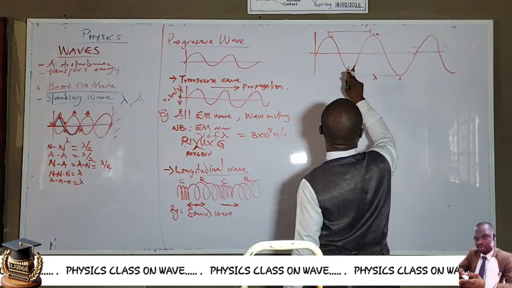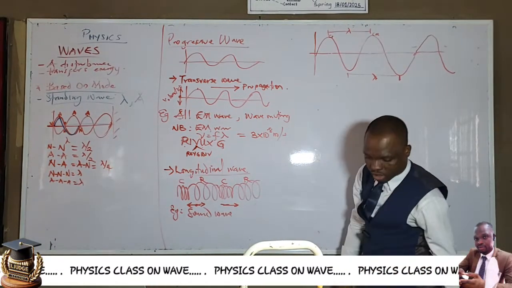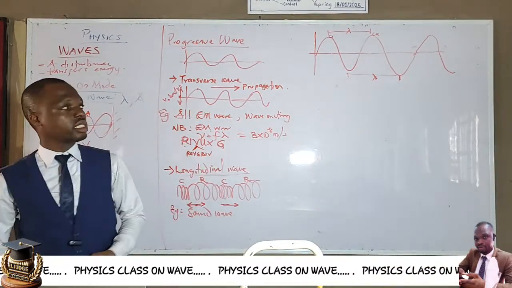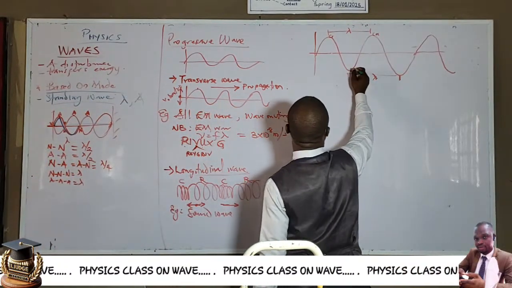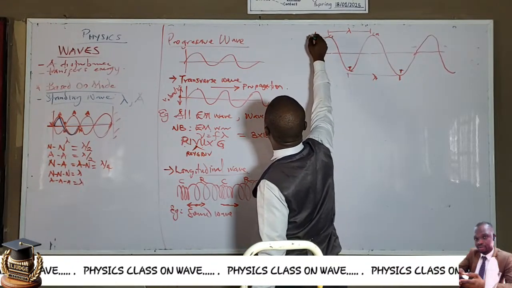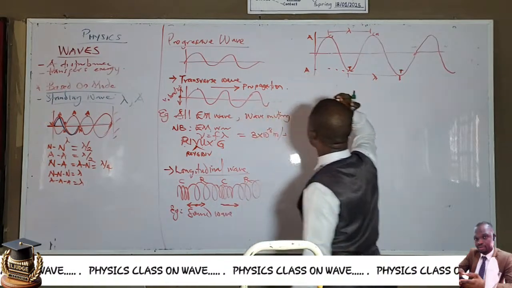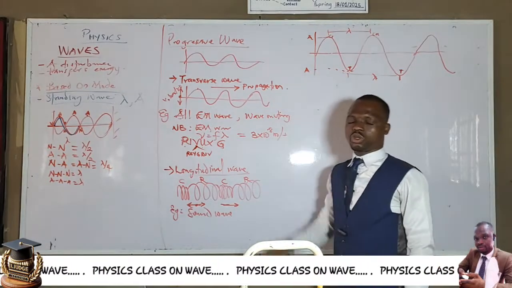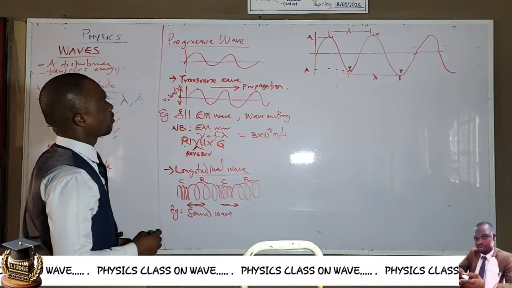The distance between two successive crests or two successive troughs is called a lambda. These are the troughs. And the maximum displacement is called the amplitude. So this is the amplitude, the maximum displacement of the particles from rest position or from the equilibrium position.